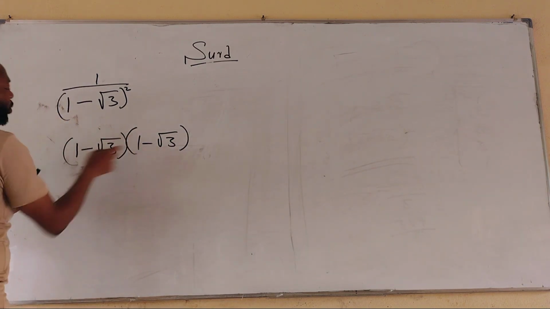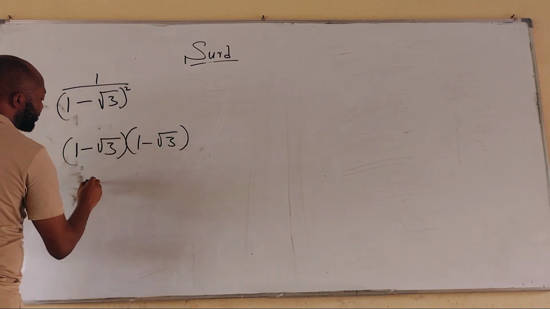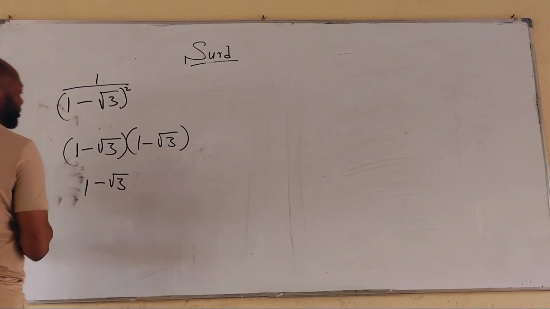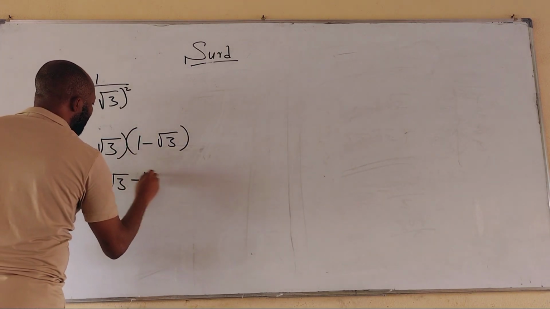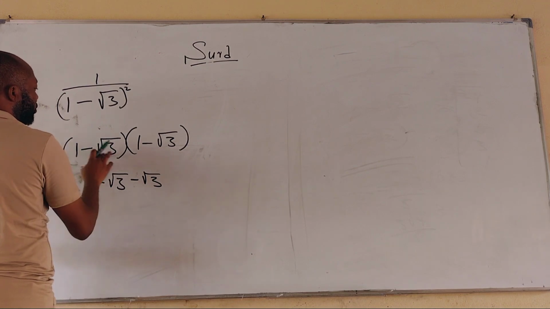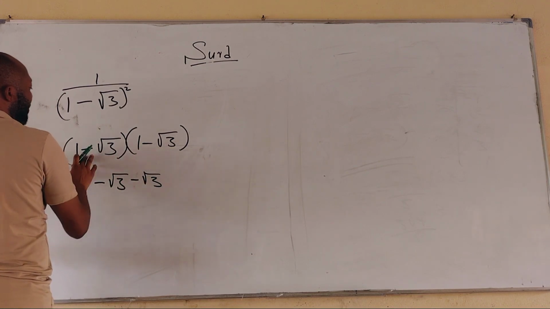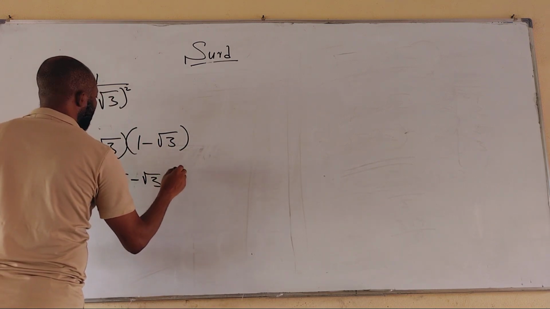So 1 times 1 is 1. 1 times minus root 3 is minus root 3. Minus root 3 times 1 is minus root 3. Minus root 3 times minus root 3 is plus 3.